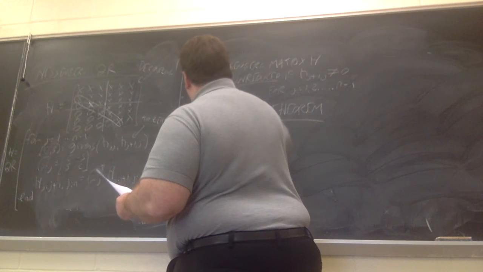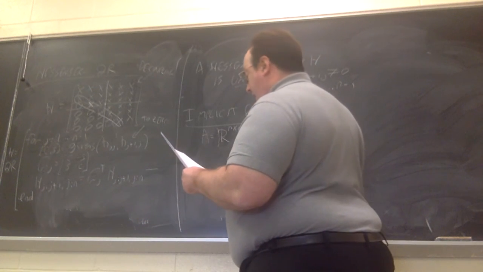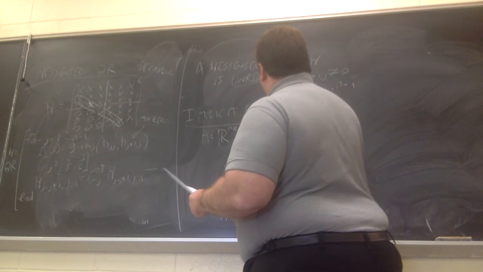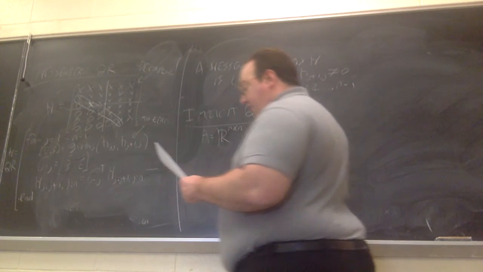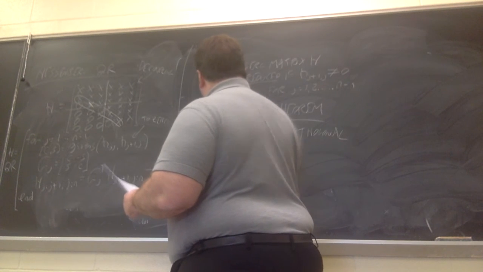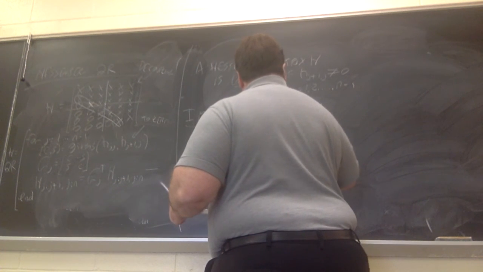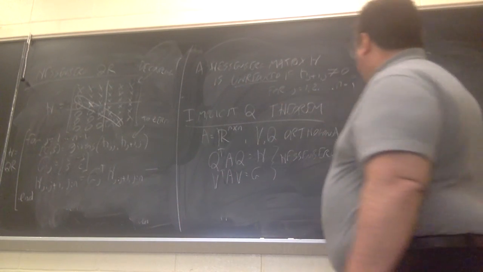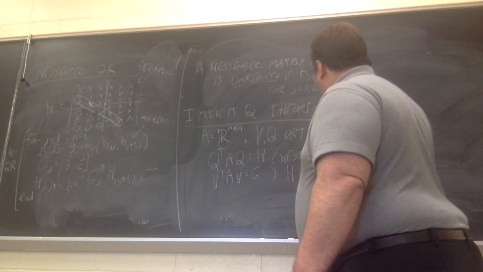So let's suppose we have some n by n matrix A and orthogonal matrices V and Q, and they both reduce A to Hessenberg form. And I'm going to assume that H, this Hessenberg form, is unreduced.